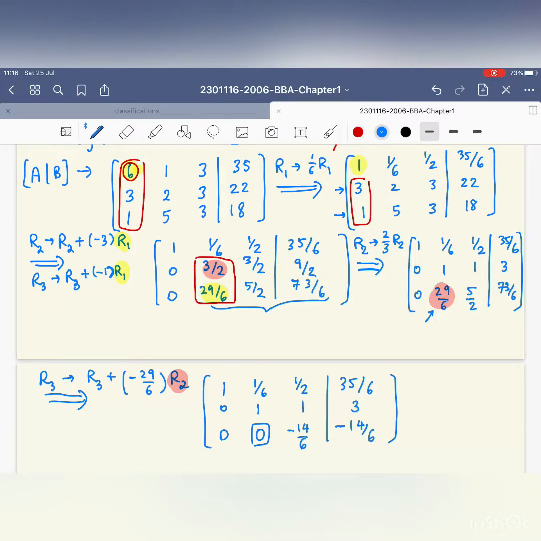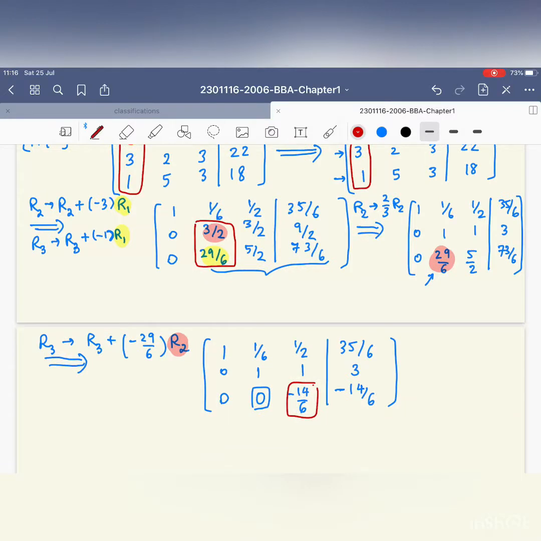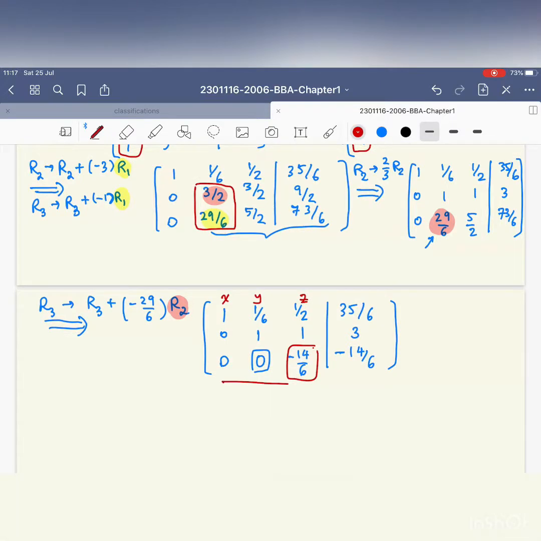All right, and then you are going to look at your last column. It's already done because this one is actually the variables x, y, and z. So your last row corresponds to the new equation, which is negative 14 over 6 z, because here is the coefficient for z, equals negative 14 over 6.